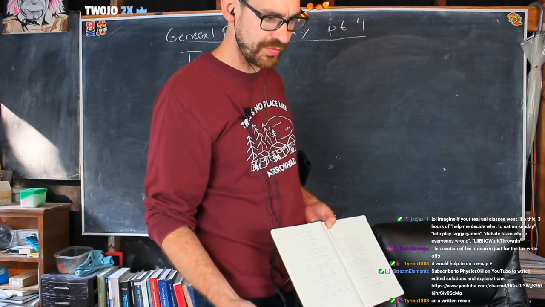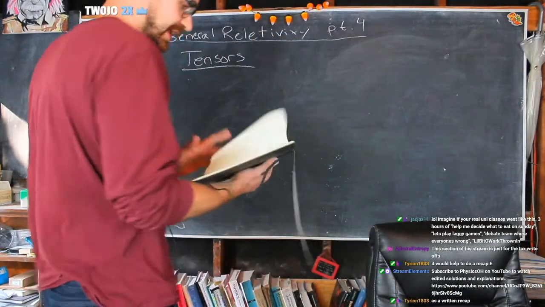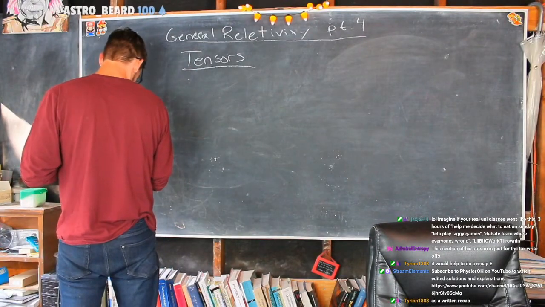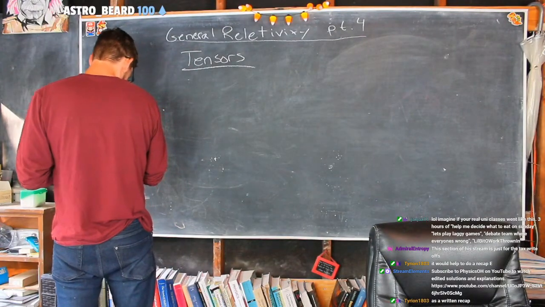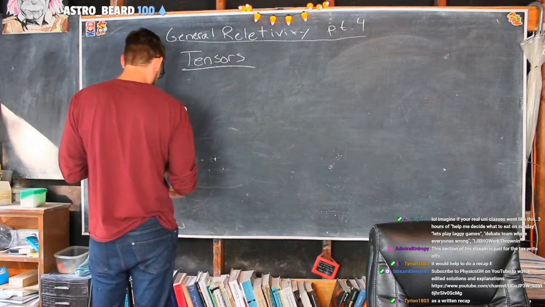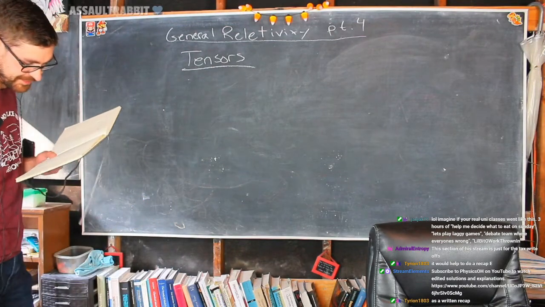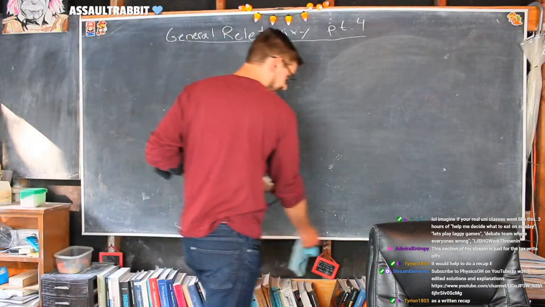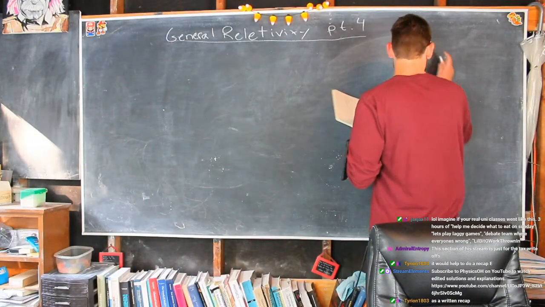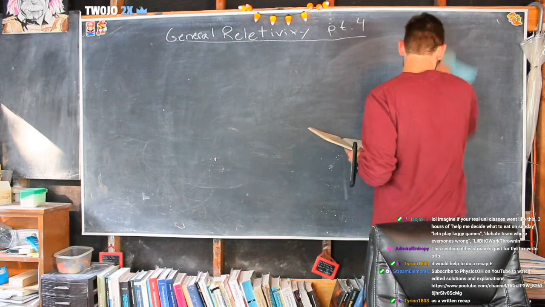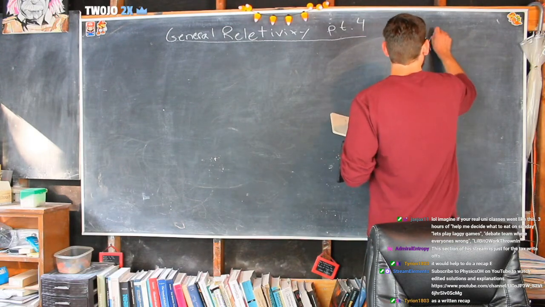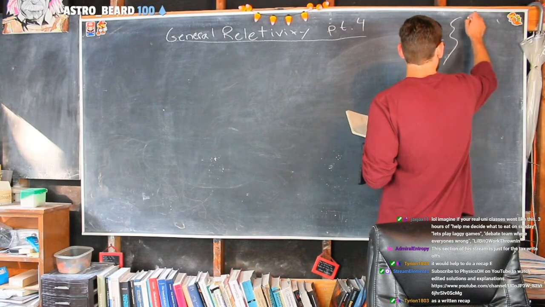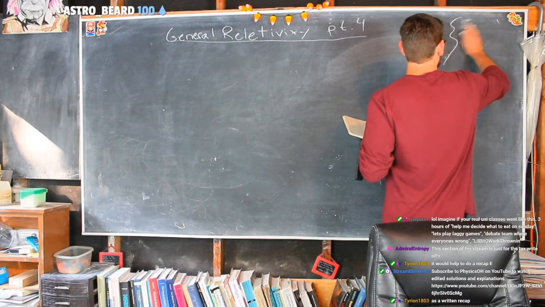It would help to do a recap as a written recap. Okay, sure, I can write some stuff down. I didn't actually put it in the notes, but I can write it down on the board right now. So we were talking about flat space-time. We had our four vectors, where the four vector components look like this, where the Greek letters ran from 0 to 3, and each of the components look like the following.